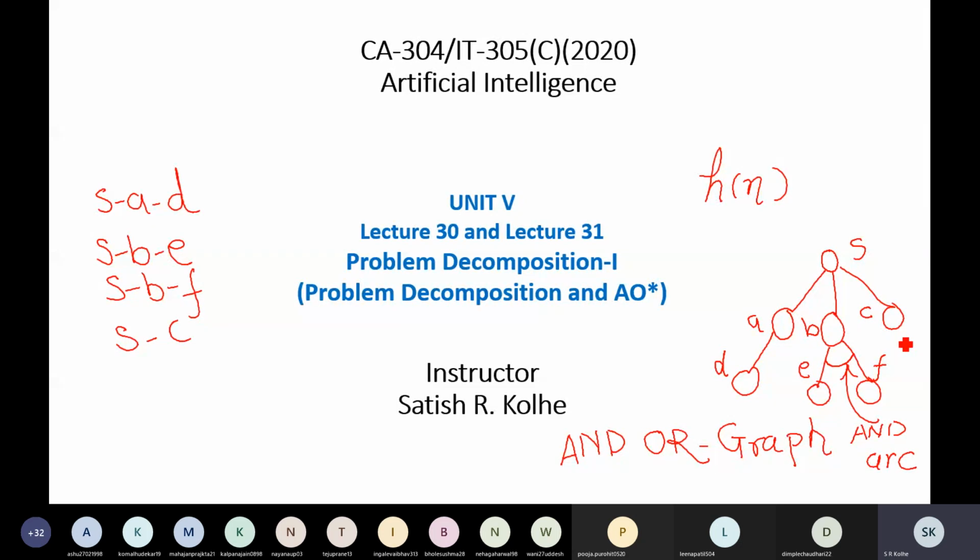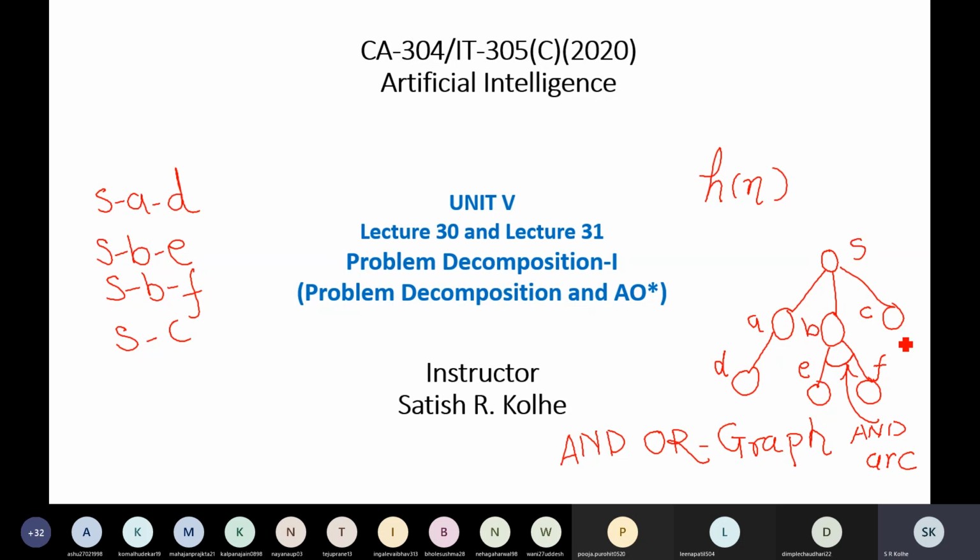Such an AND OR graph type of tree, this is called an AND OR tree, is useful for representing the solution of problems that can be solved by decomposing that problem into a set of smaller problems. All of these subproblems must be solved.